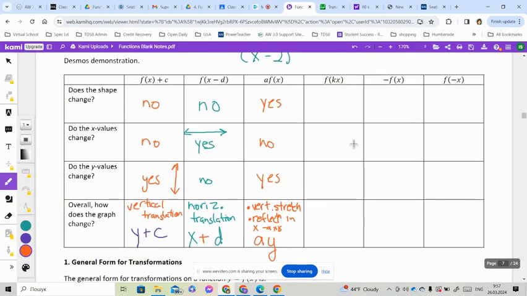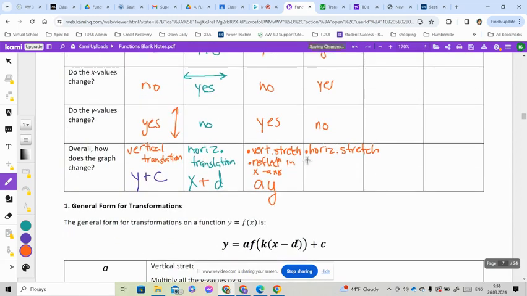So let's go to the k value. And does the shape change? Absolutely. Do the x values change? Yes, they did. The y values did not change. And so we call the k value a horizontal stretch and a reflection.